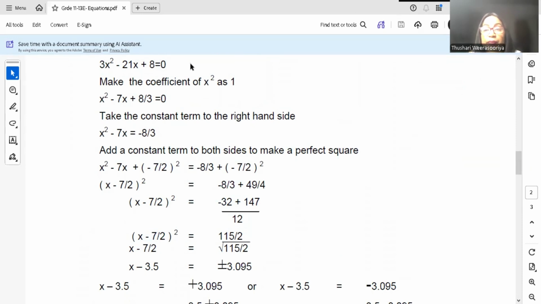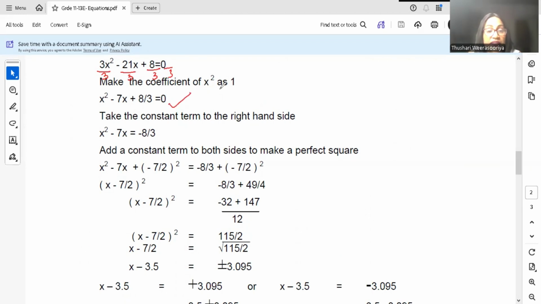Right. The first step, I'll explain with this. First step, you make the x squared coefficient 1. Then divide all the numbers by 3. Why? To remove this 3, right? In an equation, when you do something, you have to do it for all terms, right? This is also divided by 3, but anyway, it's 0. Right? Now you get this.